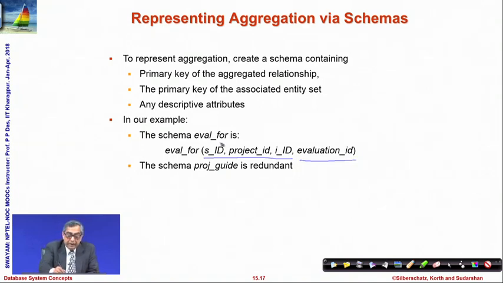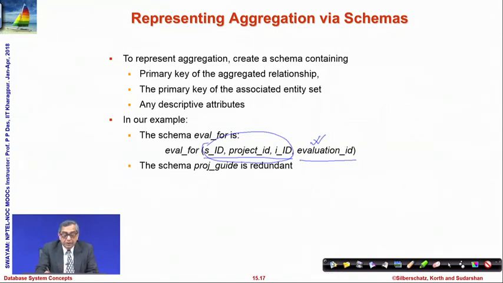Now you can see that all of these are related, representing who is the guide of which student in what project, and if this exists, then this gives you the evaluation. Naturally, once this has been represented, the project guide schema by itself becomes redundant and therefore can be removed.